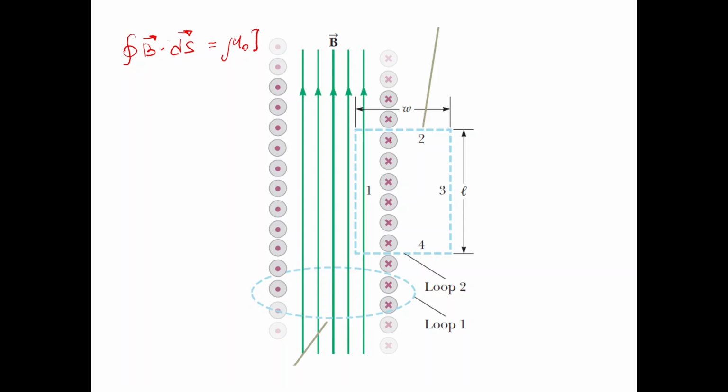It is the magnitude of one vector times the magnitude of the other vector times cosine alpha, the angle between them.